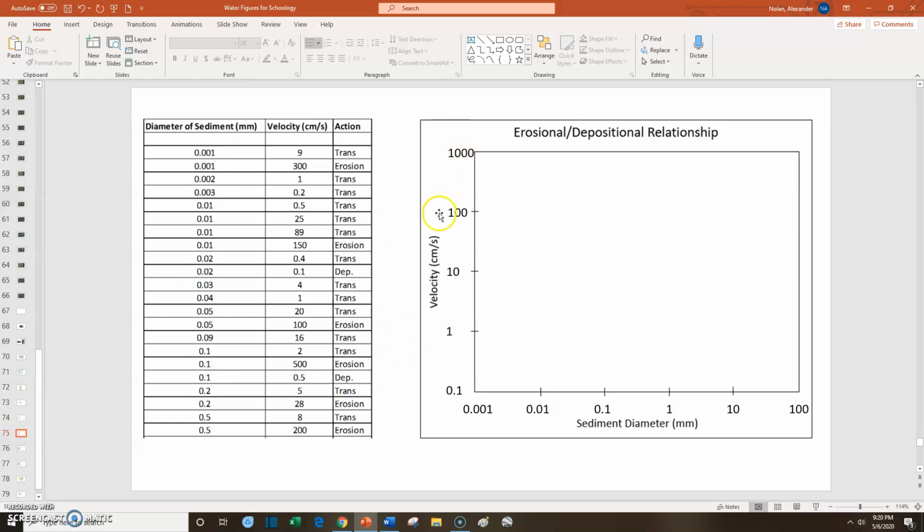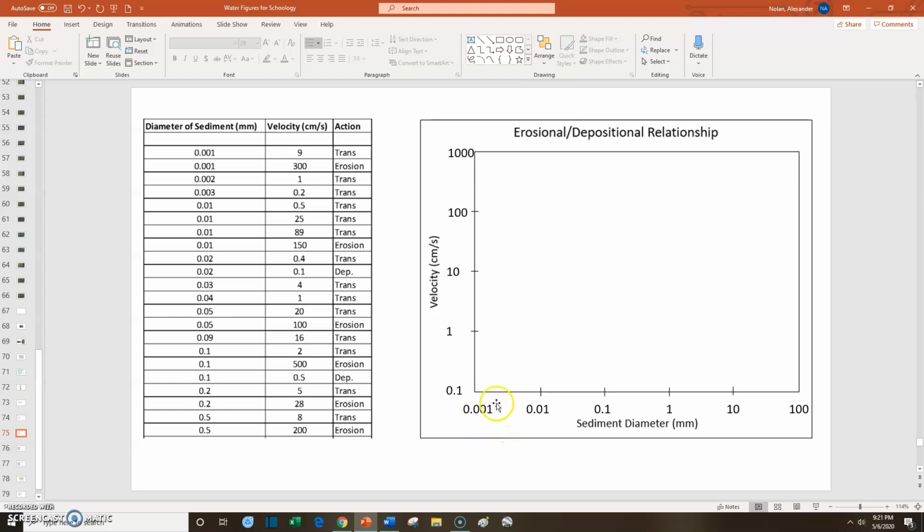If you look at your screen right now, notice what I've done, starting at the x-axis. For sediment diameter, it runs all the way from 0.001 up to, and like I said, we'll see there's some that get close to 100. So on the x-axis, instead of a linear scale like 0.001, 0.002, 0.003, what I've done is what's called a logarithmic scale.